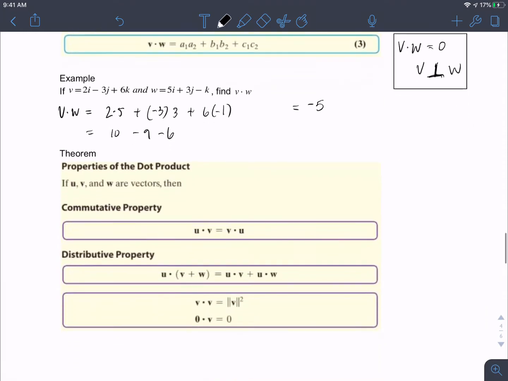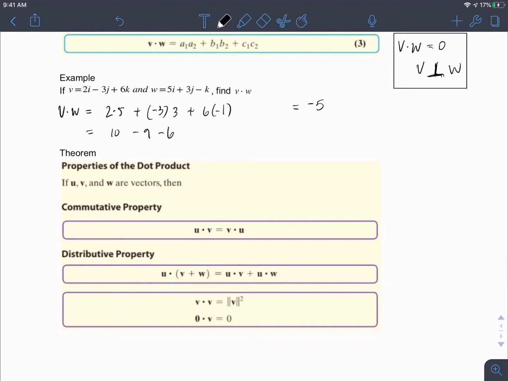Okay, we know that the dot product is commutative and the dot product is also distributive. So that's important to know. And then the dot product of a vector with itself is the same as the magnitude squared. And then any vector dotted with the 0 vector will be 0.